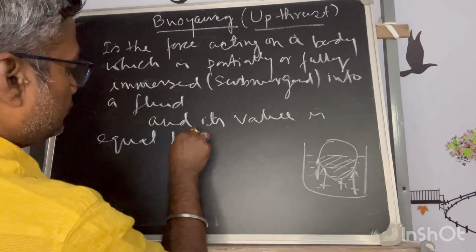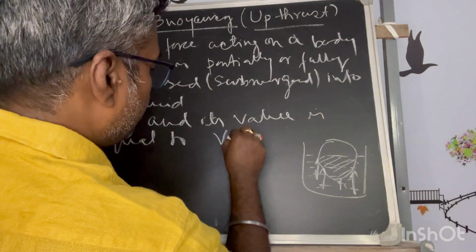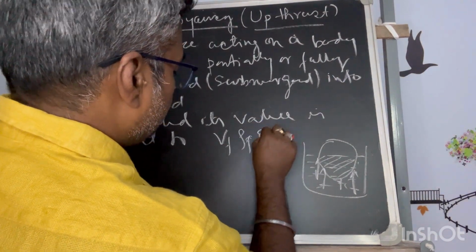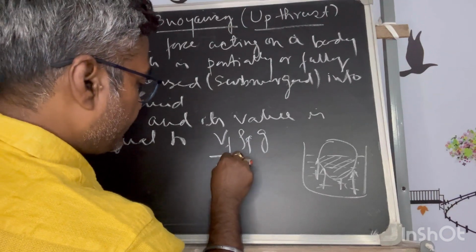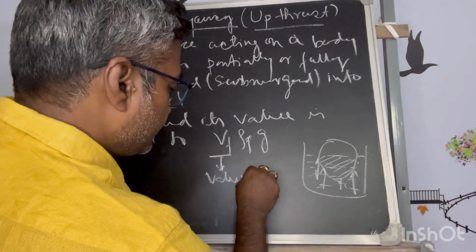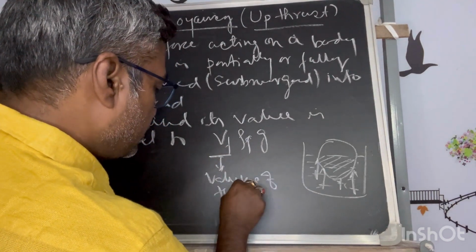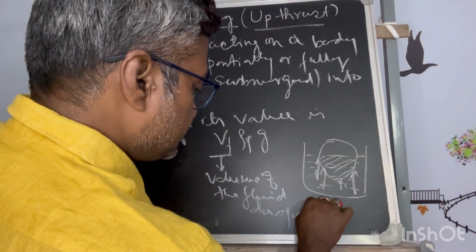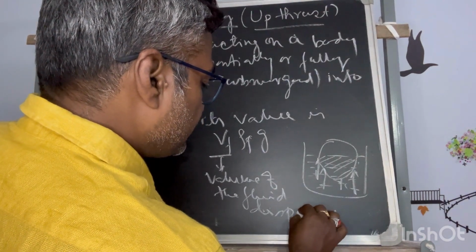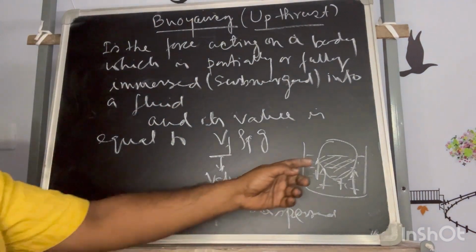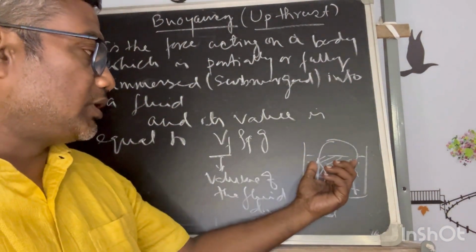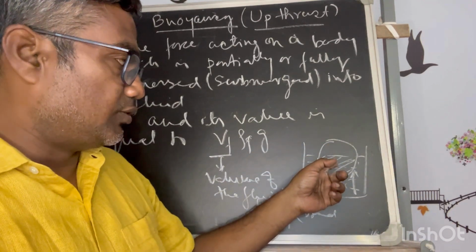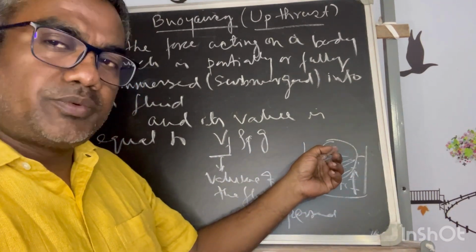Its value is equal to Vf, rho f and G. What is Vf? Vf is the volume of the fluid dispersed. That means when the body is dipped into the water, whatever volume it separates out due to its own volume, because it will occupy some space.